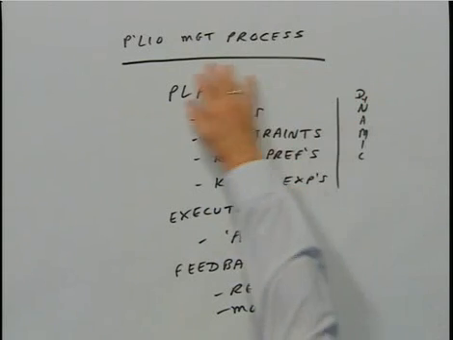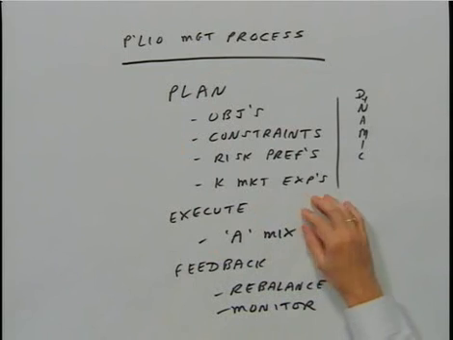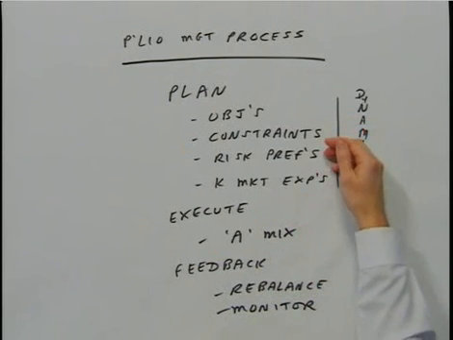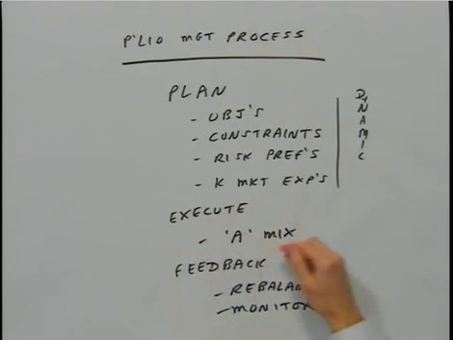Once you've gone through all of this and you have a good sense of what an investor's aims and objectives are and how they're limited, what their risk attitude is, what we expect from the market, we can build an asset mix. An asset mix, obviously, that makes sense, given all of those items we've been speaking about before. And that asset mix drives most of the behavior of that portfolio.